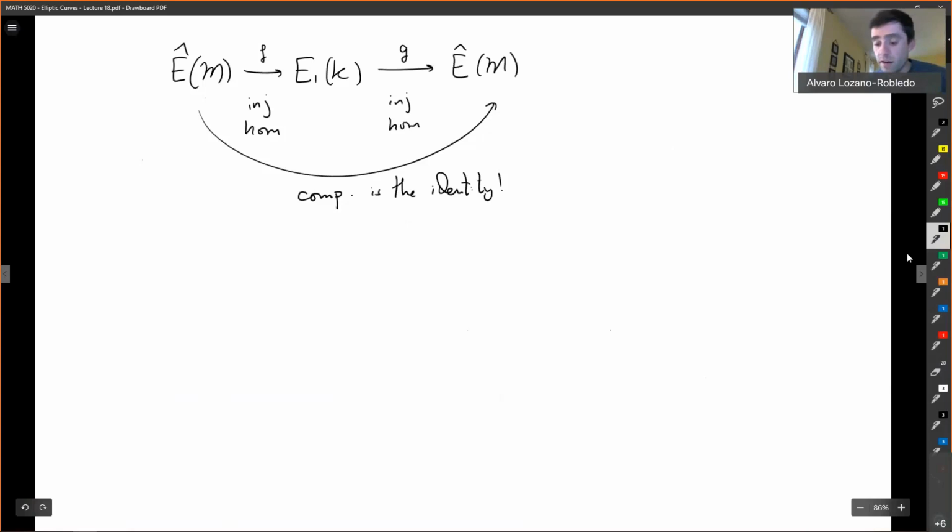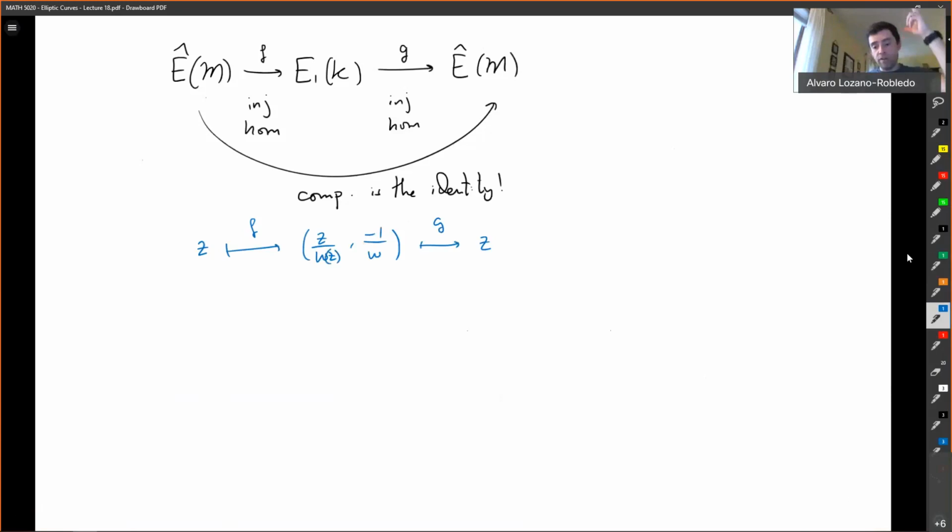Because it sends z to z over w, minus 1 over w, and G, through G, this would send it back to z. Okay, to minus x over y, you see that it gives you back z.